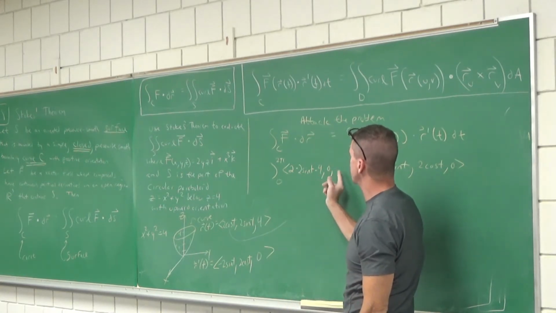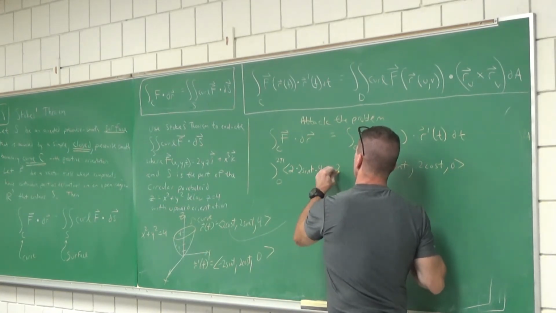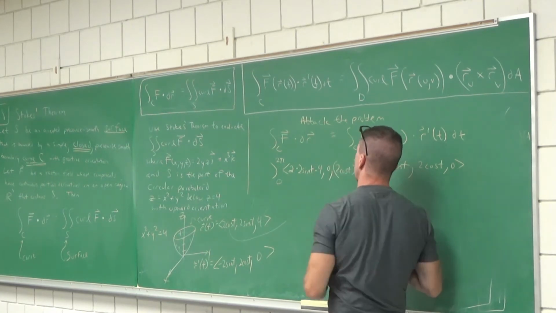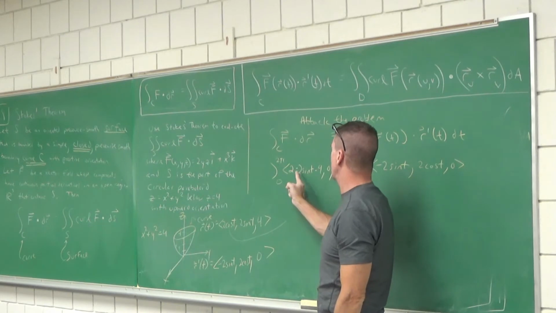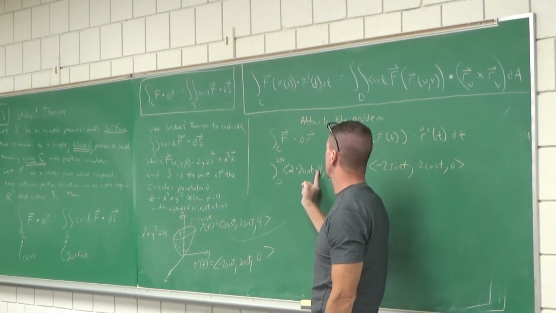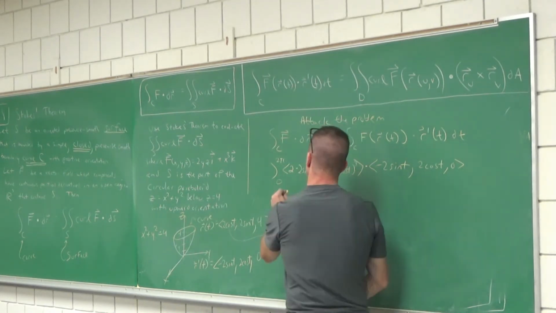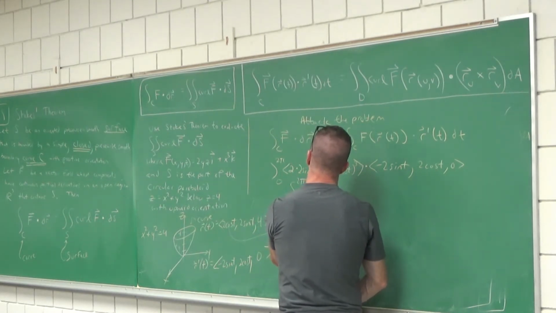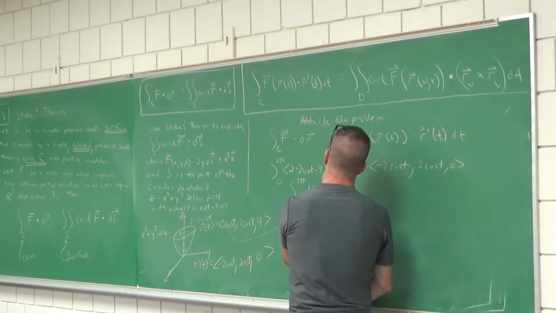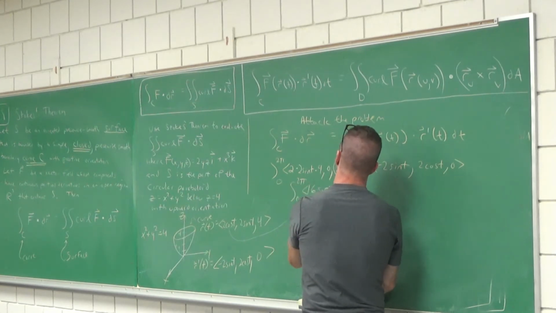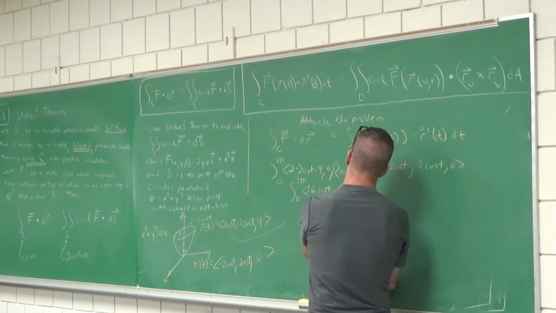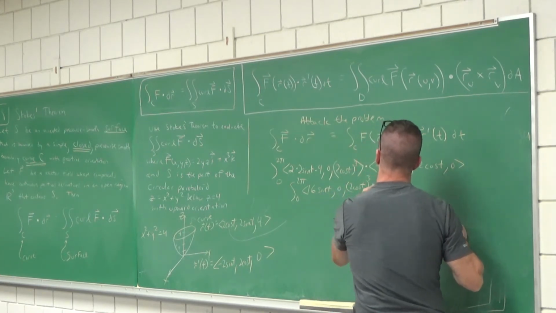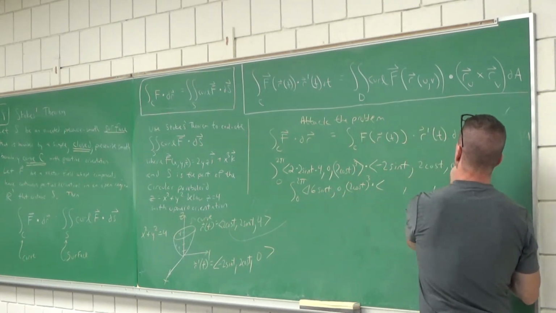The last component is just x cubed, which would be 2 cosine of t all cubed. What is 2 times 2 times 4? 16. So I get 16 sine t, 0, 2 cosine t cubed. Dot this.